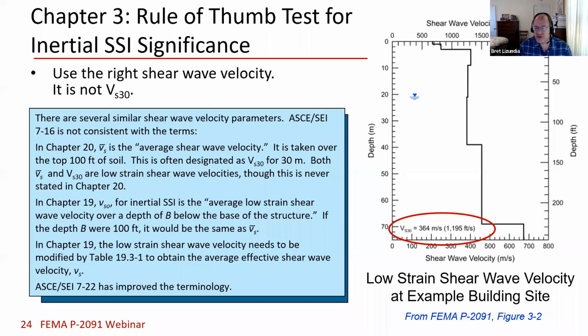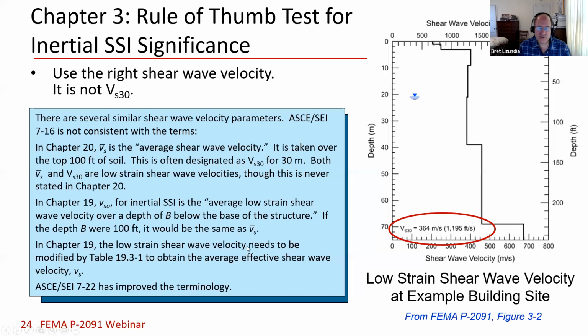So VS30 is the average shear wave velocity over 30 meters, or almost the same thing as 100 feet. It is also better defined as the low strain shear wave velocity. That means there's something else besides the low strain, and we actually need that. The effective shear wave velocity uses more realistic strains that happen during earthquake events. And so you have to figure out what is the right VS.